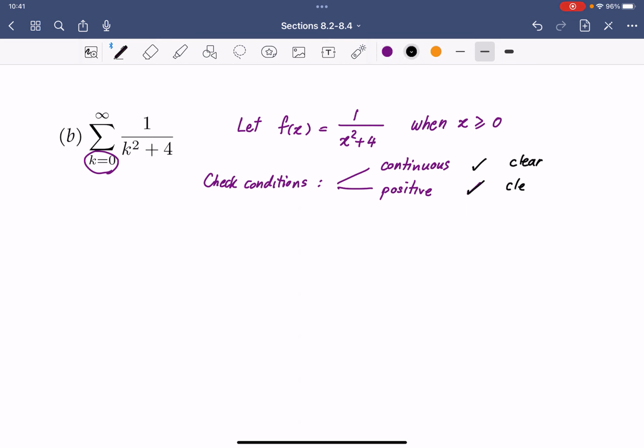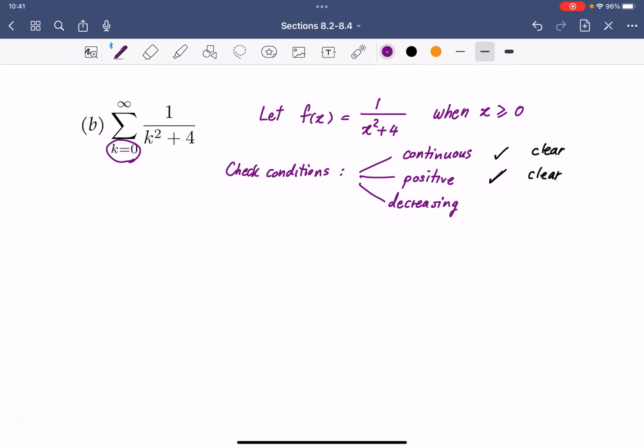And then is it clear that the function is decreasing? If it is not clear to you, you can differentiate one time and show that it is less than 0. But here the function is easy enough, because you can compare 1 over x squared plus 4 and 1 over (x plus 1) squared plus 4. If you compare the terms n and n plus 1, which one is bigger?